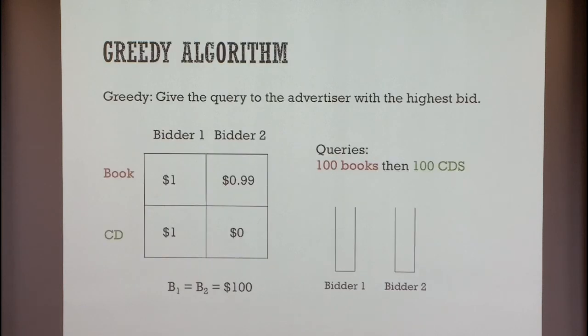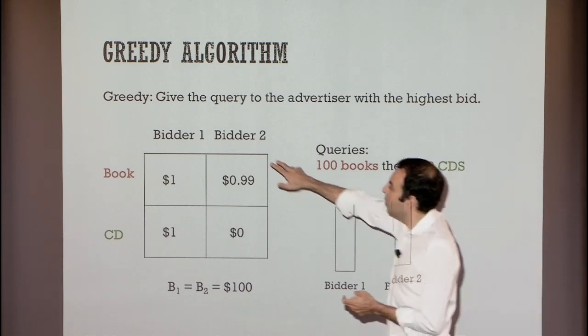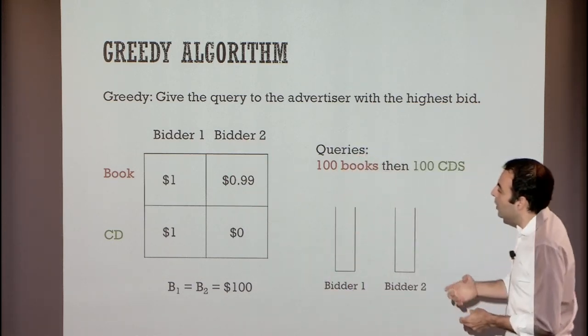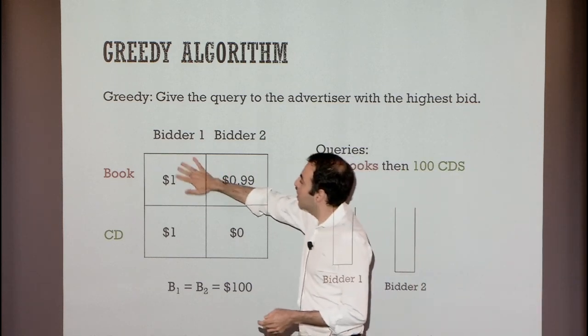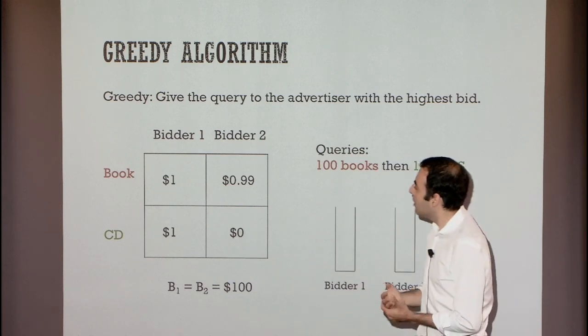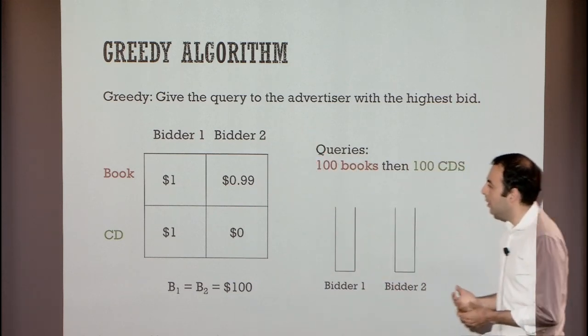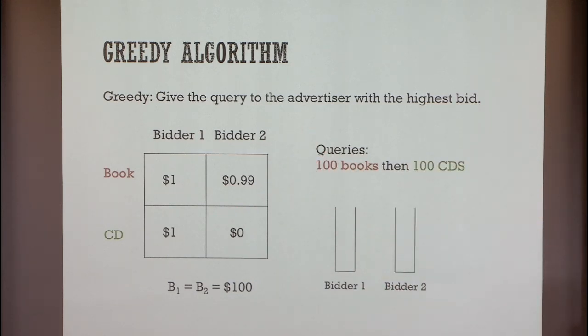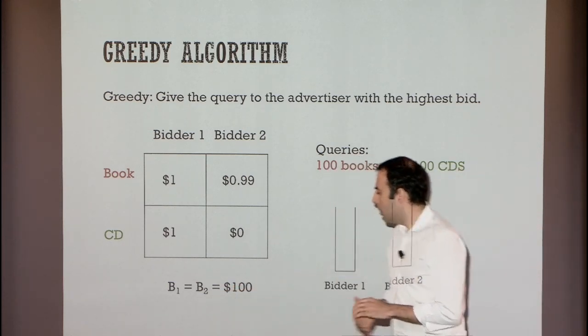So here is a simple example. Imagine you have two advertisers, and one is interested in showing ads about books and CDs, and bidder 2 is only interested in showing ads about books. Both have a budget of $100.